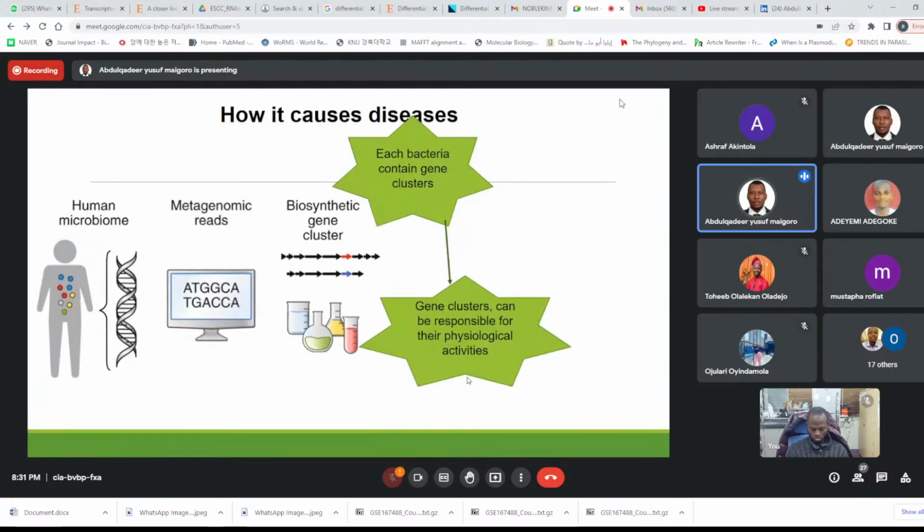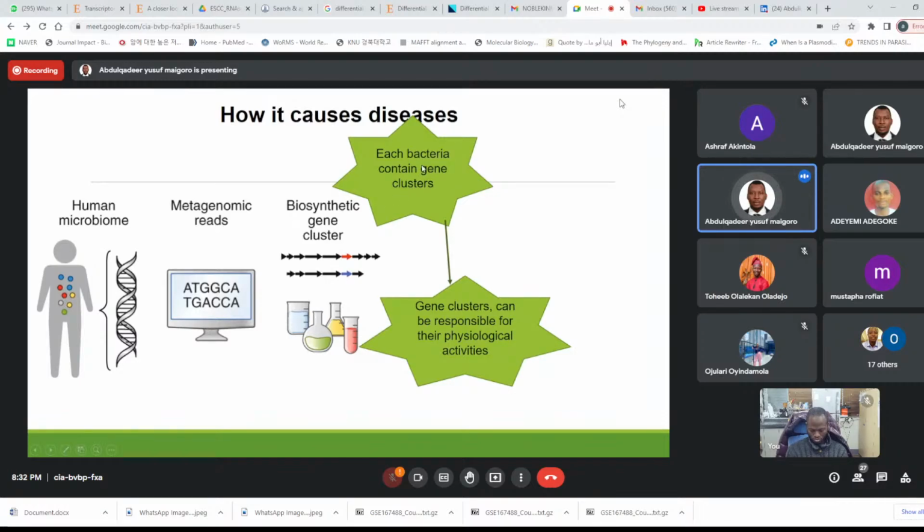So the question is how these microbes cause this kind of disease. First, we need to understand the concept of the human microbiome. For example, this is just a normal microbiome, and when we want to do an experiment, we have to read the metagenome and then check some biosynthetic gene cluster.